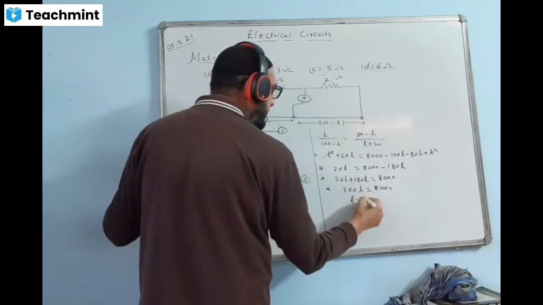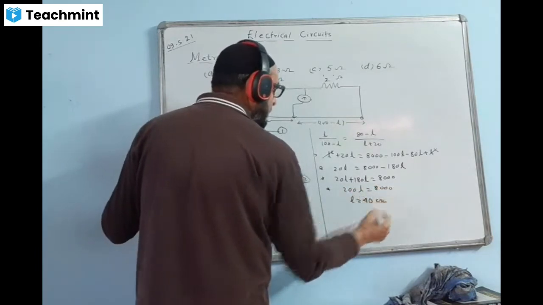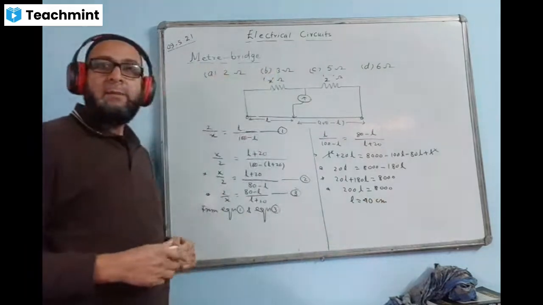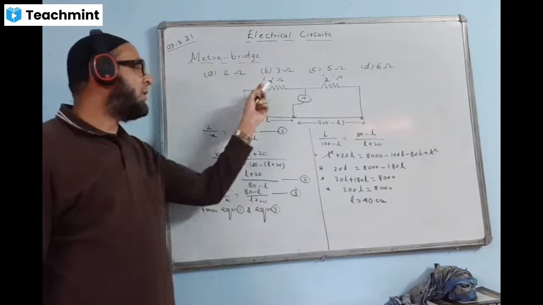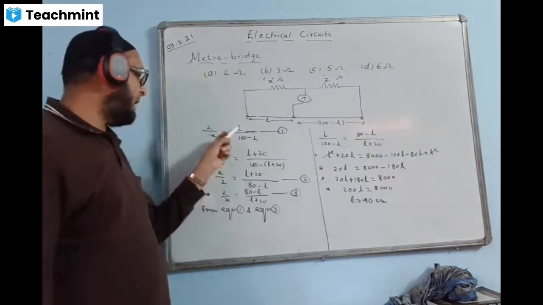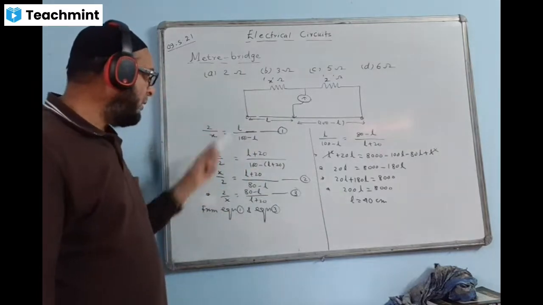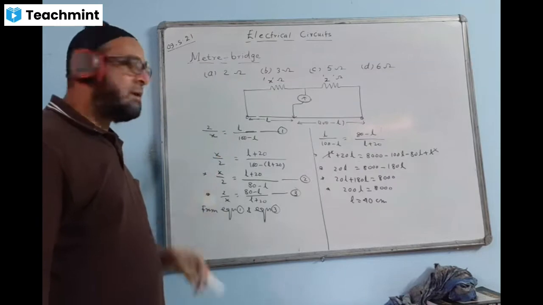So the L value is 40 centimeters. That means in the first case the balancing length was 40, but we have to find the unknown resistance X. Put the value of L back in any of the equations.